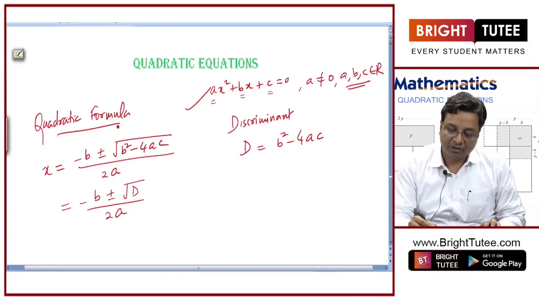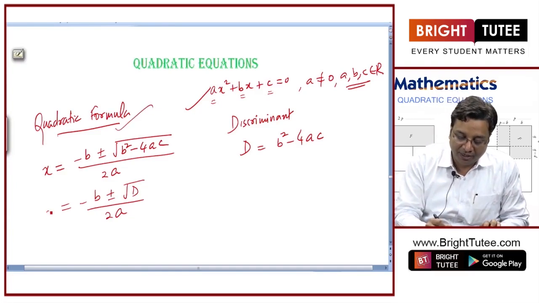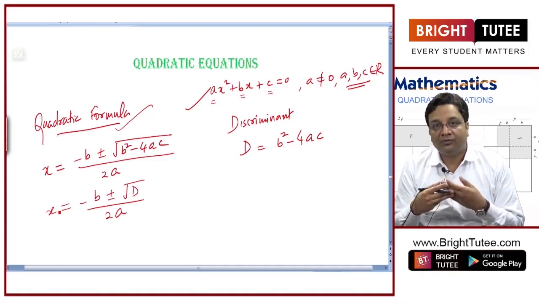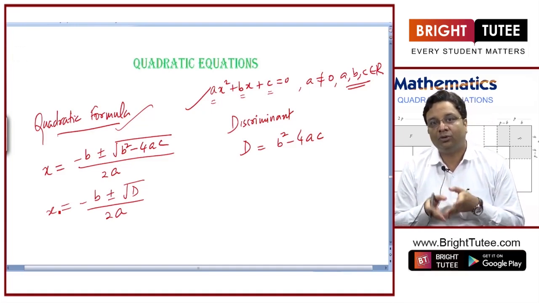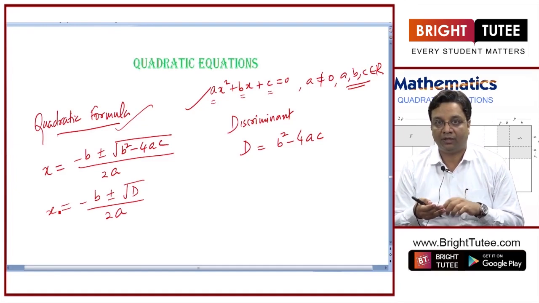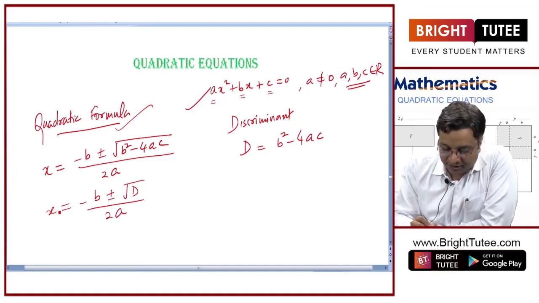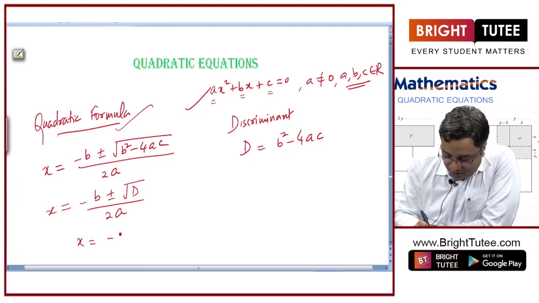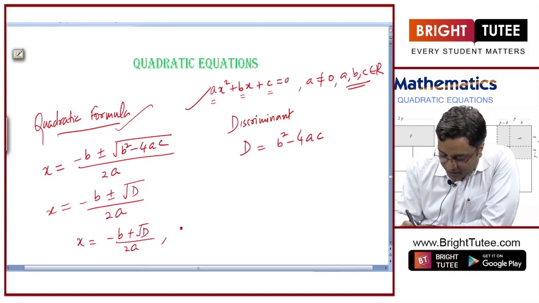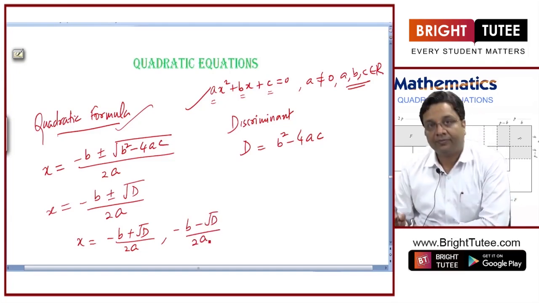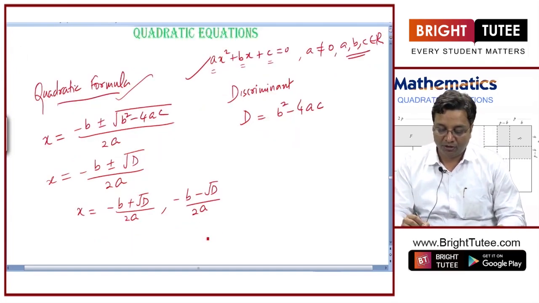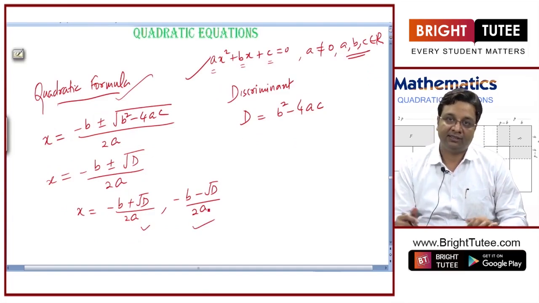This gives us the value of x, which is the solution or the root of that quadratic equation. So this plus minus sign gives us two different values: x is equal to minus b plus root d by 2a or minus b minus root d by 2a. These are the roots that this quadratic formula is giving us.